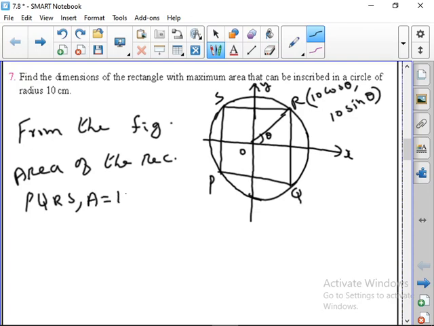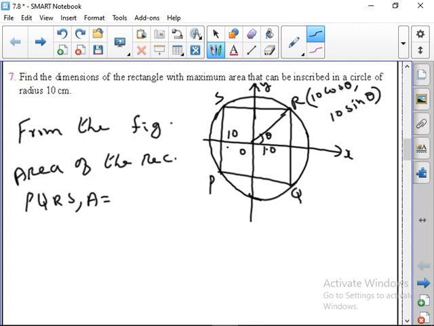So length into breadth is 10 cos theta into 10 sin theta. Sorry, it's not 10 actually. It will be 20, because this is 10 and this is also 10, and 10 plus 10 is 20.